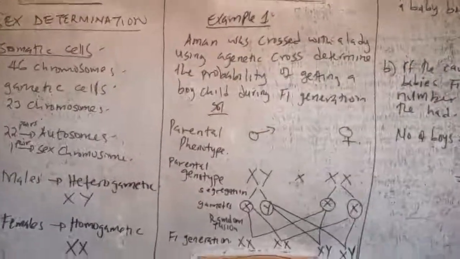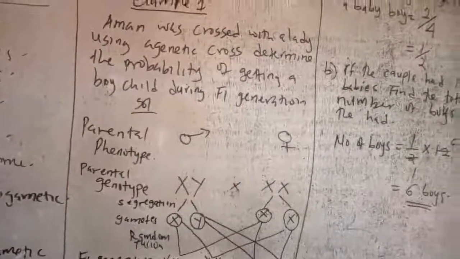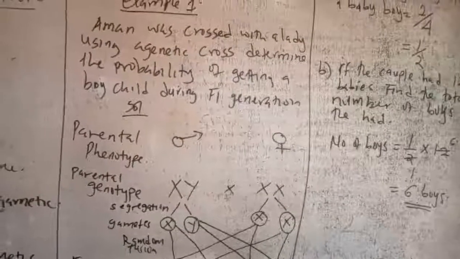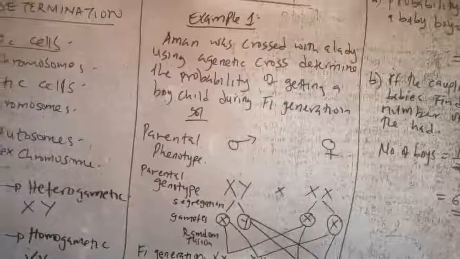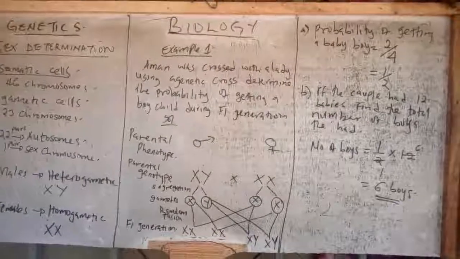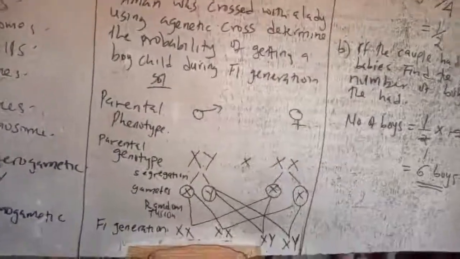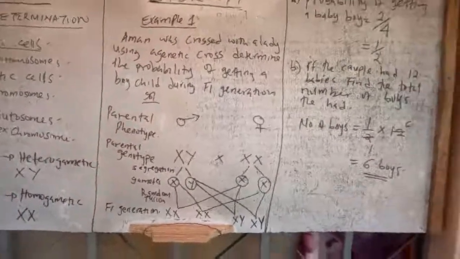However, if the X chromosome and the Y chromosome are equally strong, it means that the chance of getting a boy child or a girl child is a half, because we have 2 boys that resulted from the cross we have seen, and also 2 girls. Therefore the chance of getting a baby boy is a half, and the chance of getting a baby girl is also a half.